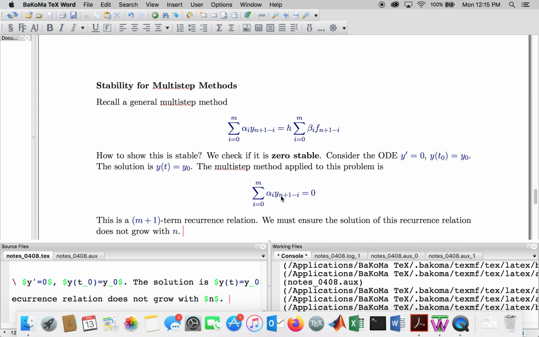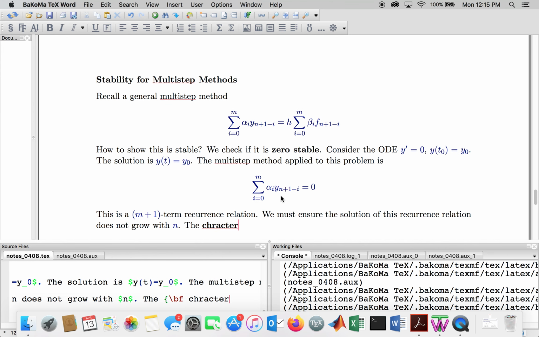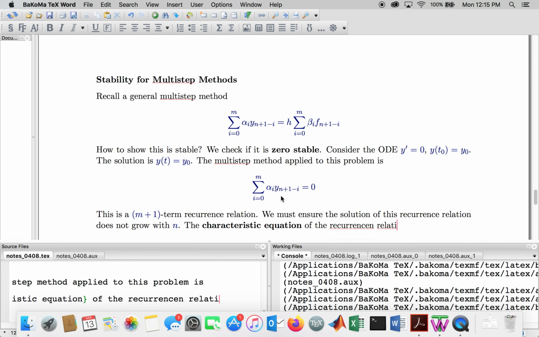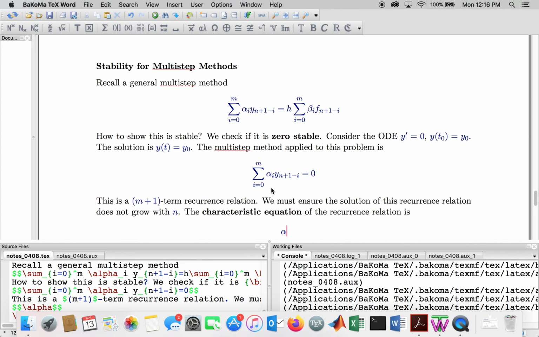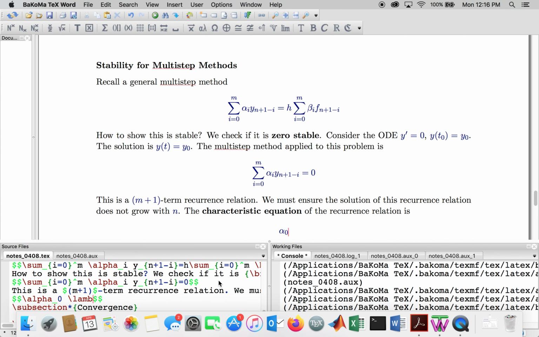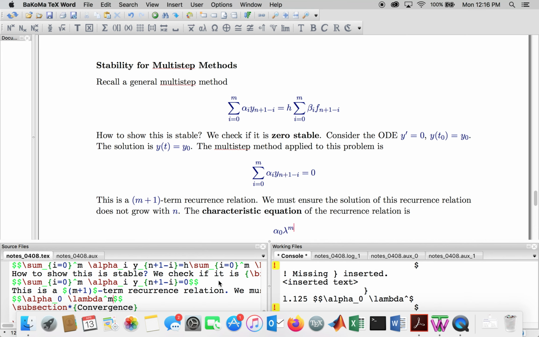So the characteristic equation that helps us solve it is obtained from the alphas. So we have alpha 0, and then we have lambda to the m.